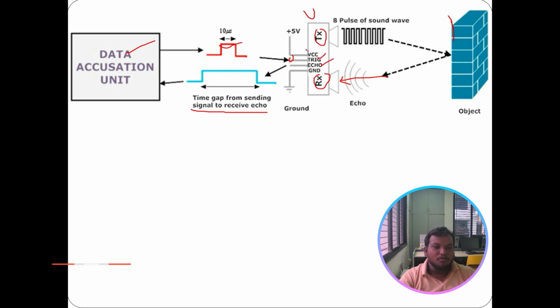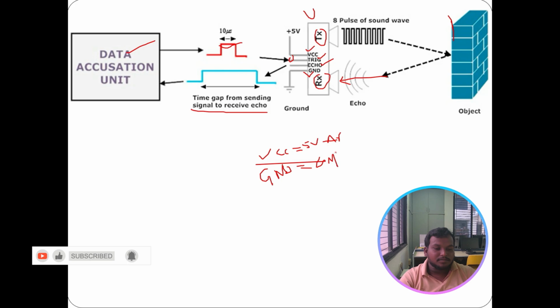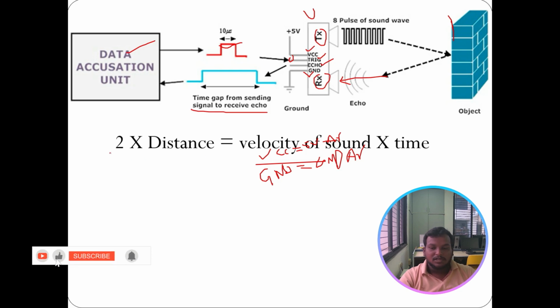Trig, Echo, VCC, Ground. VCC is connected to 5 volts of Arduino and ground is connected to ground of the Arduino. Okay.